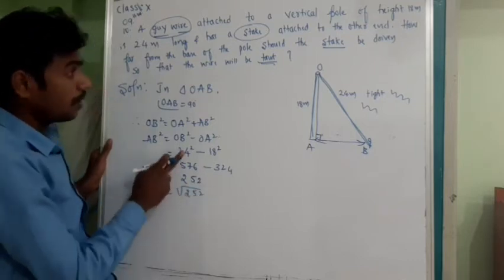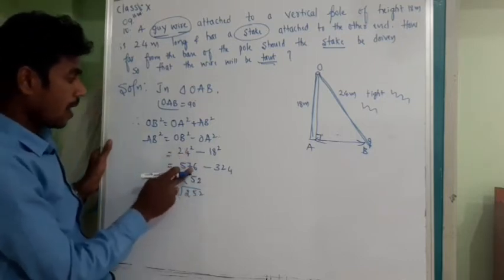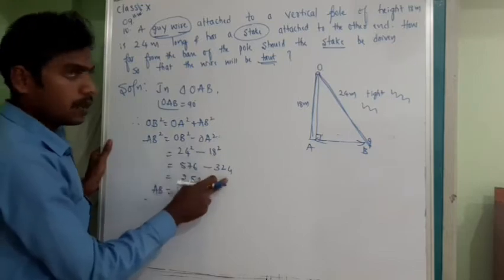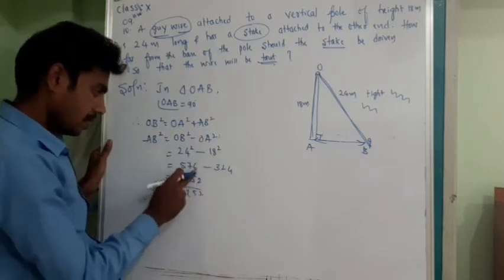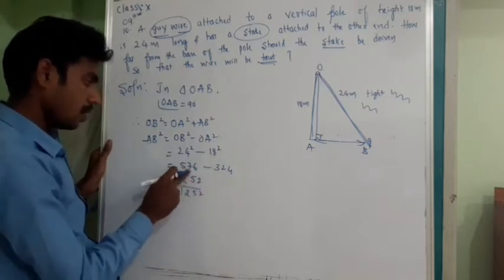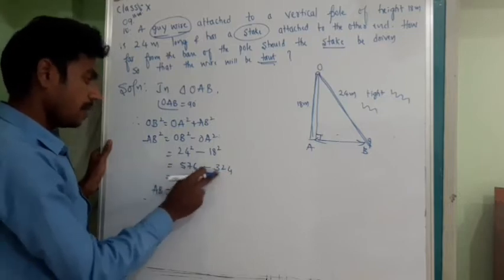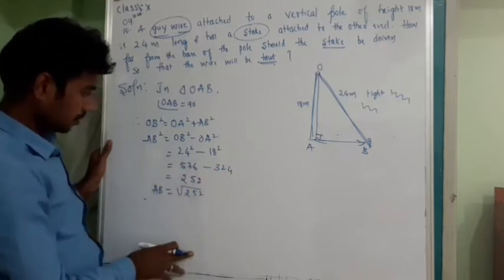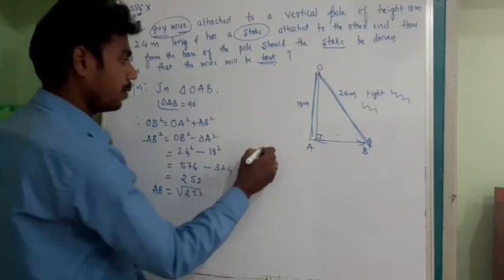Is it so? 24 square is 576, correct. 18 square is 324, you can check it. 6 minus 4 is nothing but 2, 7 minus 2 is 5, 5 minus 3 is 2. Now 252.